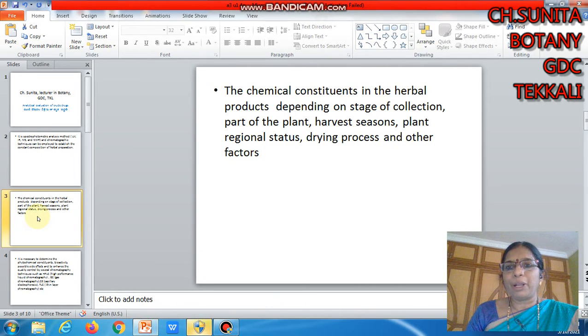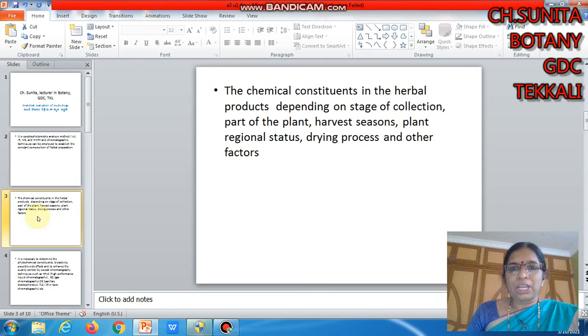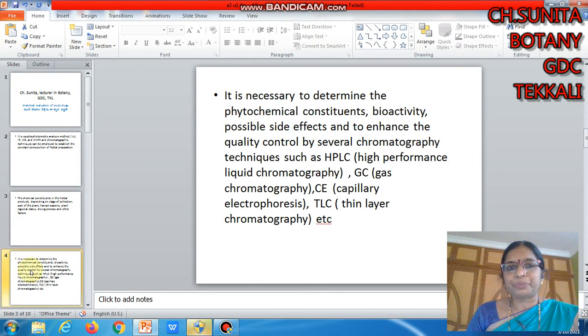In the same way, the plant regional status, so where it grows, in which area it grows, is also very important. The drying process, how you have to dry the drugs, and any other factors can also be included in this topic.